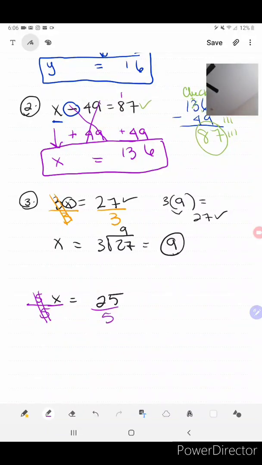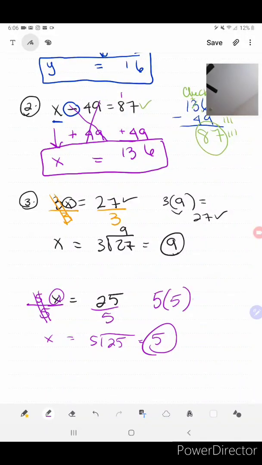And then we divide on the other side, so x is all by itself. And then you do 25 divided by 5, which is 5. So if you check, x is 5, and where the x is, you plug in your 5. 5 times 5 is 25.